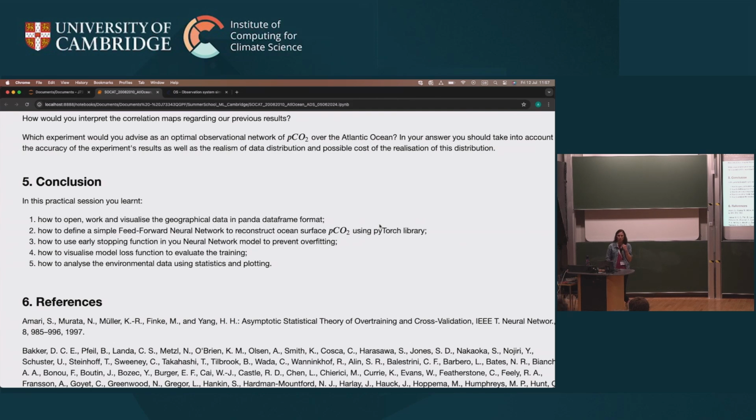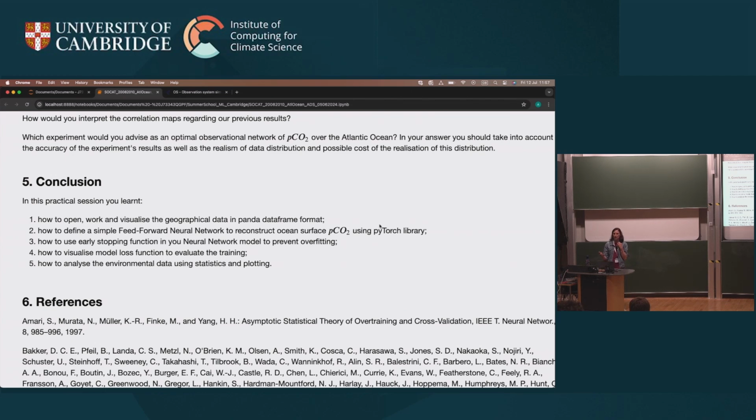So now you know how to open and visualize some geographical data. You can see the list here of what you learned, and also a very simple neural network. And I advise you, if you have time and some curiosity, just change some parameters and see. You can also change the data set, for example.